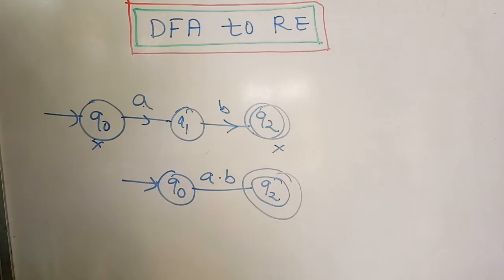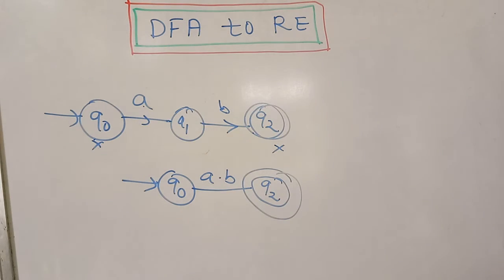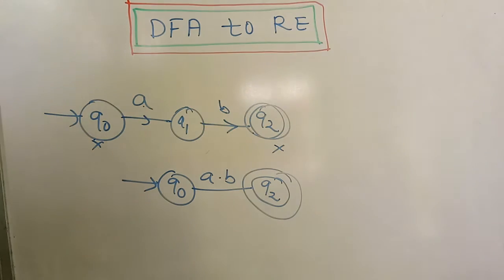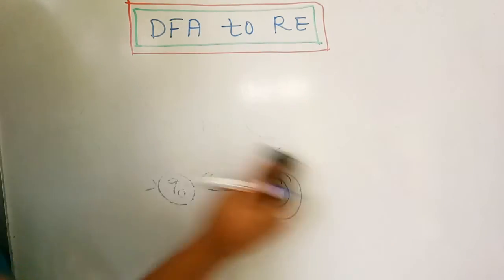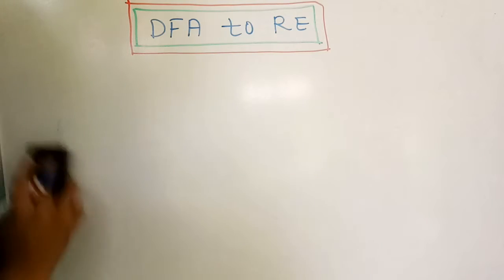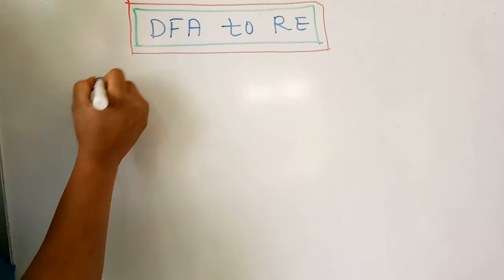Okay. Then, what is the next mechanism to convert the finite automata to regular expression? For example, we will take another such type of automaton.